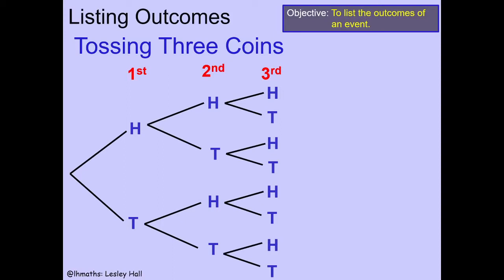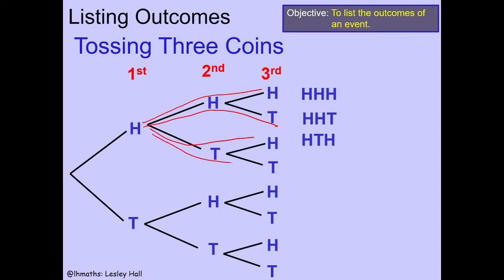Okay, what's the first outcome? Head, head, and head. So just follow the line. Heads, heads, heads. The second outcome. Heads, heads, tails. What about the third outcome? Head, tails, and heads. Okay, what about the fourth outcome? Heads, tails, tails. What about our next outcome?